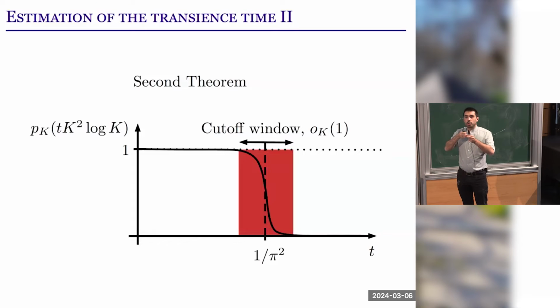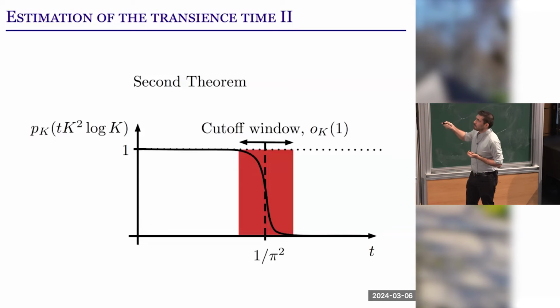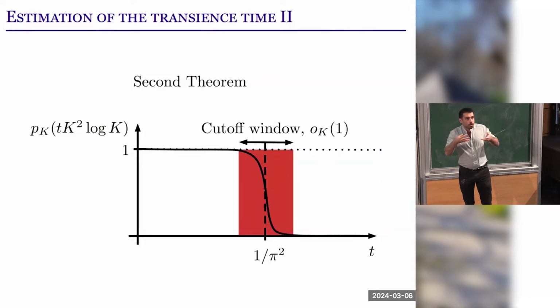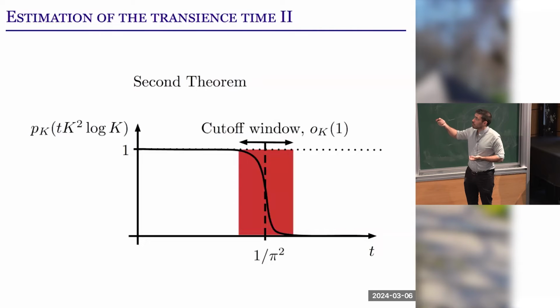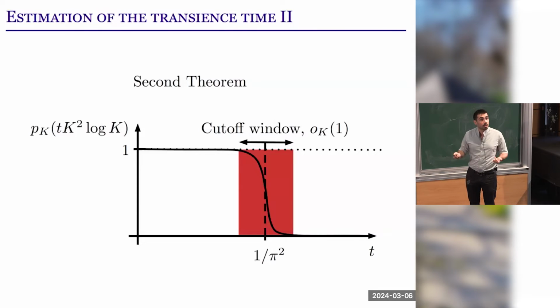And then during a very short time window, and by very short I mean smaller than k square log k, it's going to drop down to 0, and then of course stay at 0. Cutoff is probably a terminology that most of you are very familiar with, and usually you talk about cutoff for the mixing time, and here it's one of the rare instances that we've found where cutoff can be applied to something else than the mixing time.